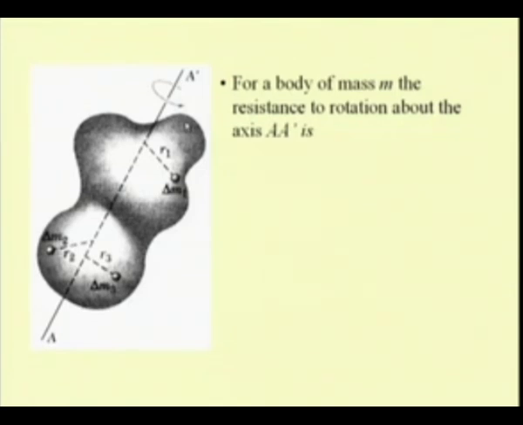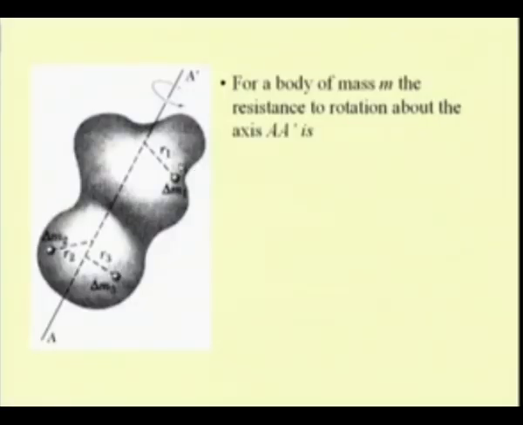The moment of this entire mass with respect to this axis is nothing but summation of the second moments of the various particles or various elemental volumes that constitute this rigid body. So, let us say we have these masses delta m1, m2, m3, and there are infinite such masses that constitute this entire rigid body.